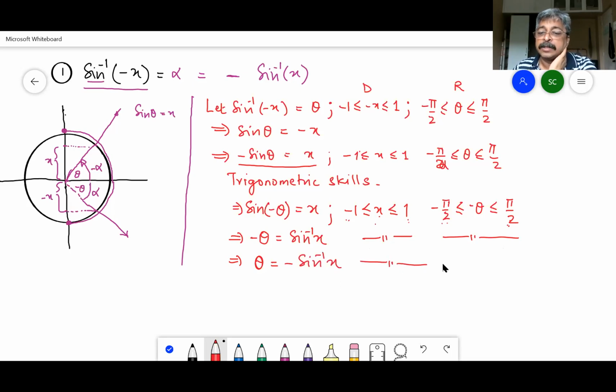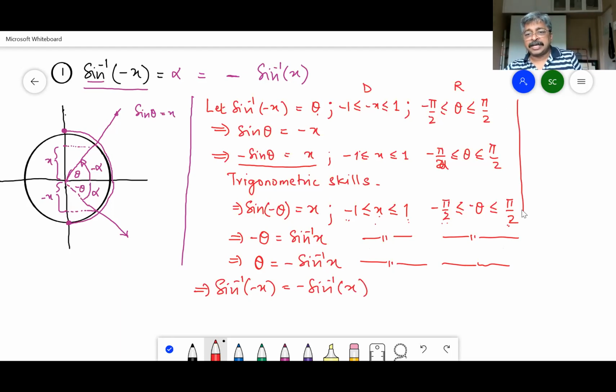Okay, so you were trying to find theta in terms of sine inverse x, hence we have proved sine inverse of opposite of x is equal to opposite of sine inverse of x.